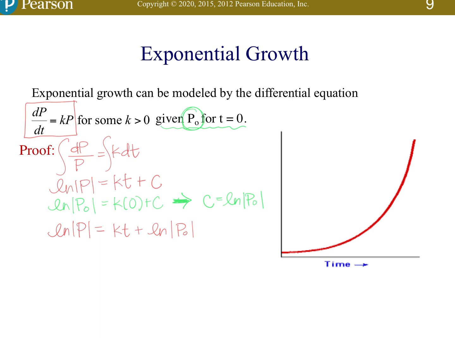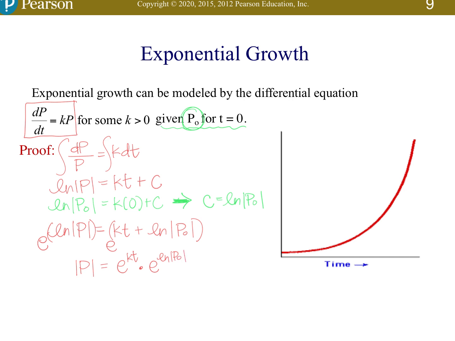And now if we want to get P by itself, we exponentiate on both sides with parentheses. So there's one e on each side. That gives me the absolute value of P equals e to the kt times e to the ln of P sub 0.